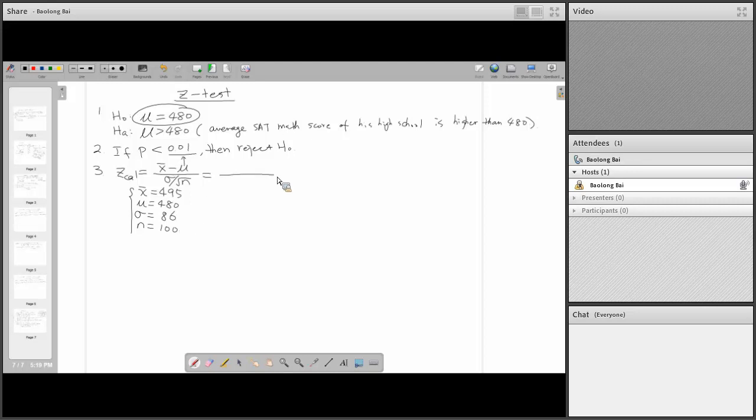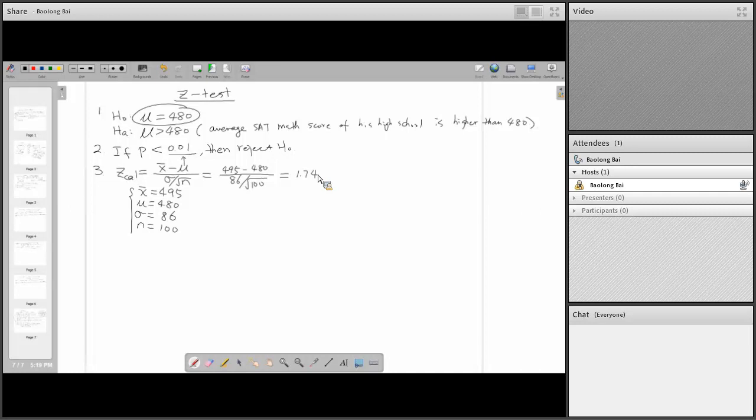So then we just plug in all the numbers. X bar 495, mu 480, sigma 86, and 100, and we calculate this, right? So if we calculate, we got 1.74.